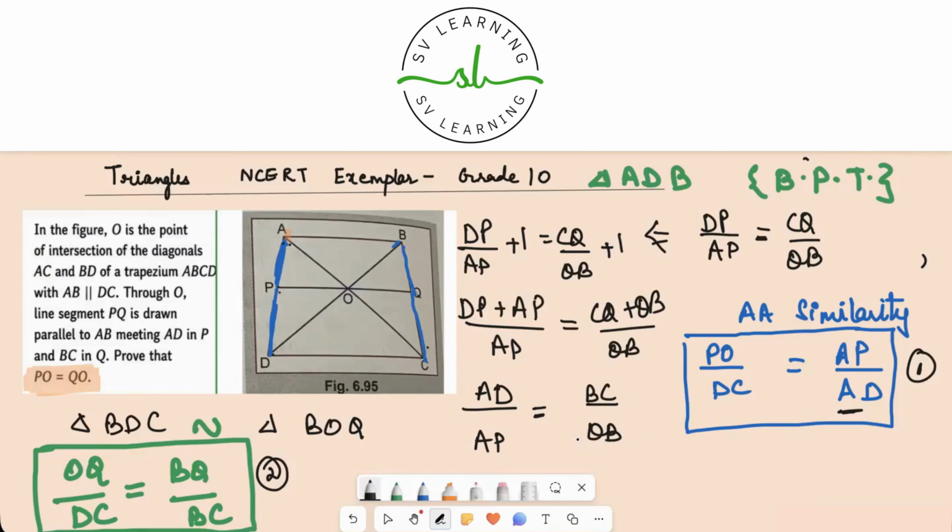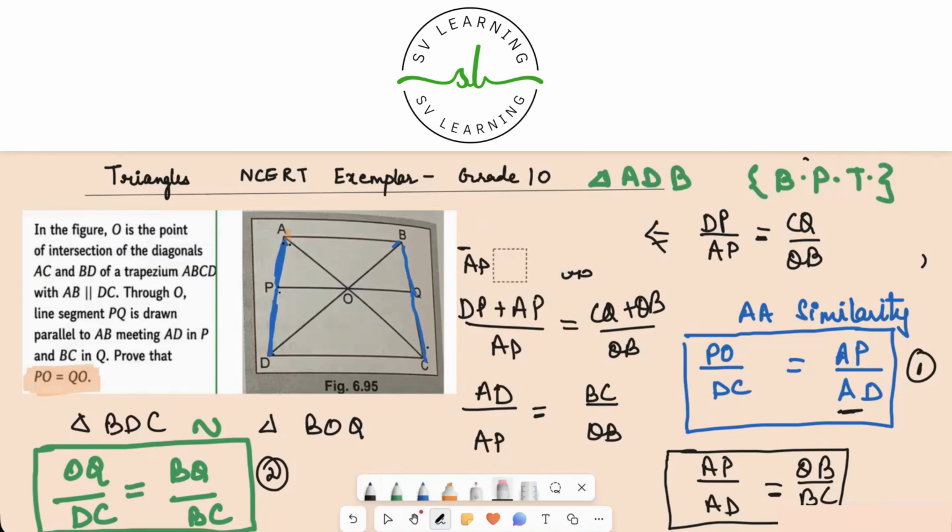And if I take the reciprocal, because I need AP by AD, so I can write AP by AD is equal to QB by BC. So I hope till this point, all of this is clear.